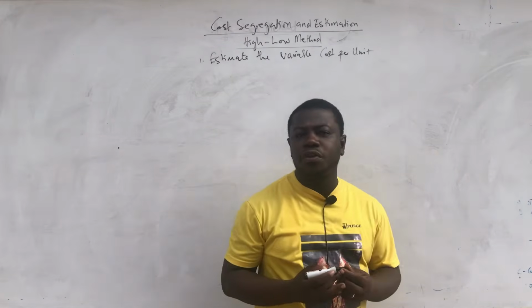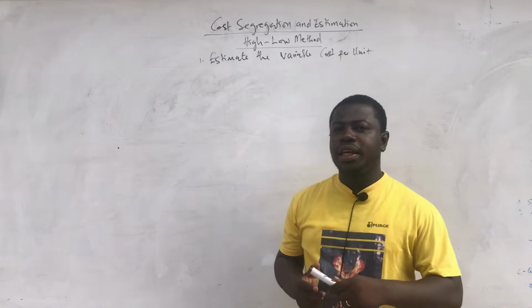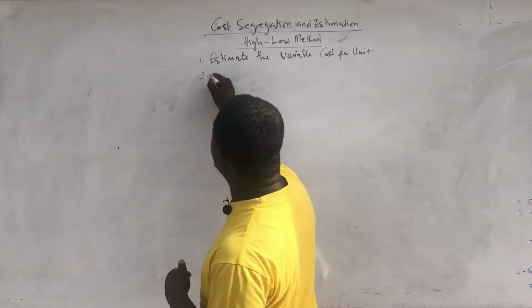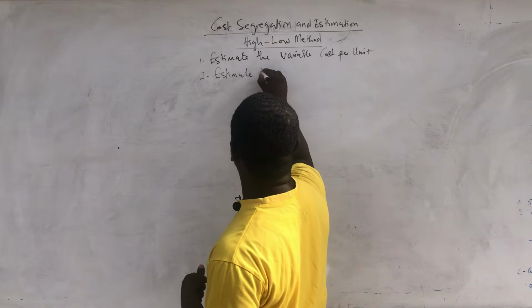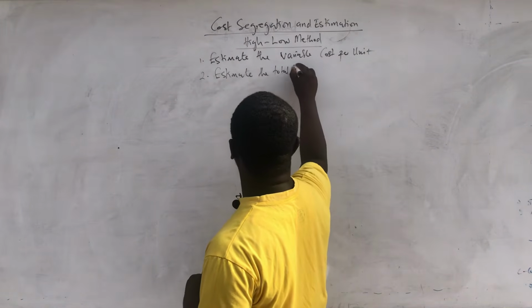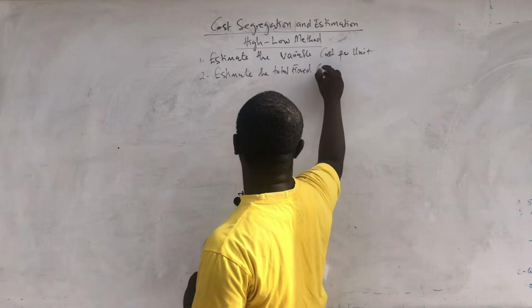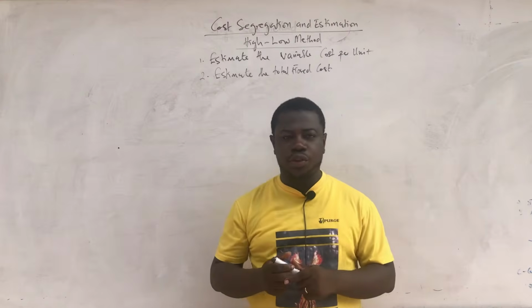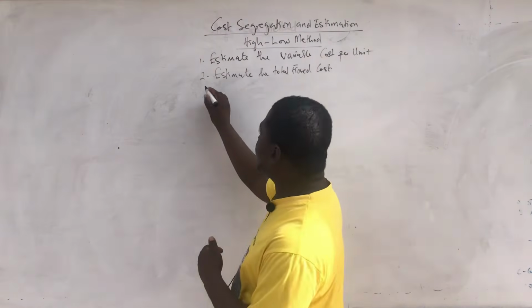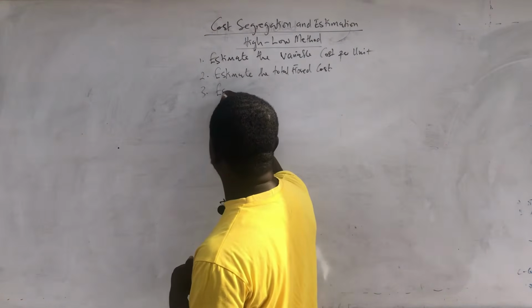And once you are able to find the variable cost per unit, the next thing you do is to estimate or find your total fixed cost. And once you are able to find your total fixed cost, then you can establish the total cost equation.